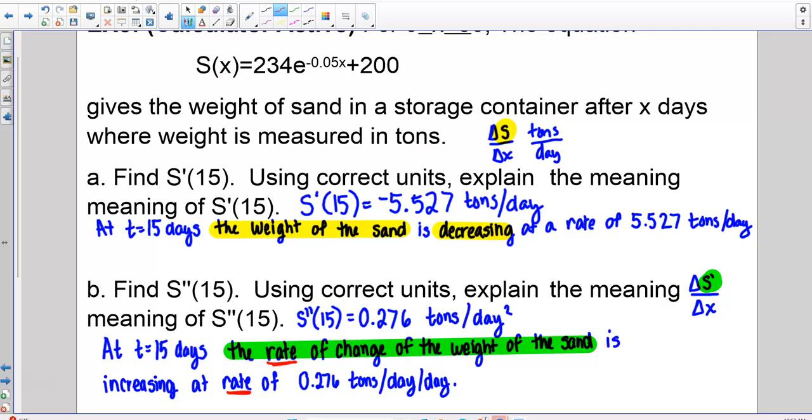So the speed is increasing at a rate of 5 miles per hour. Your speed is going up 5 miles per hour every hour, or probably not hours, but seconds or whatever.